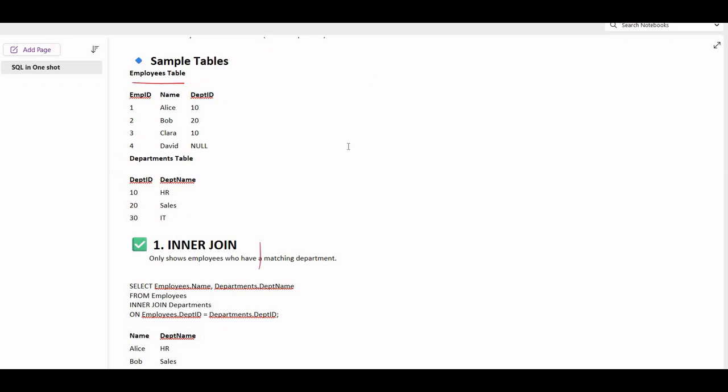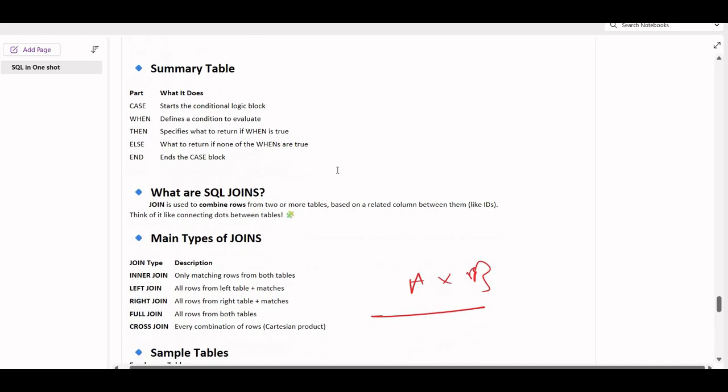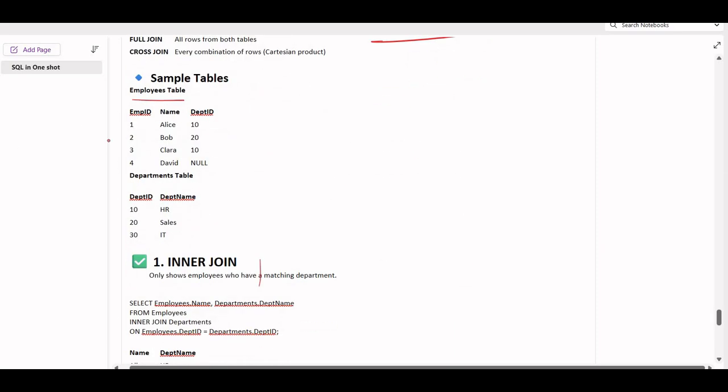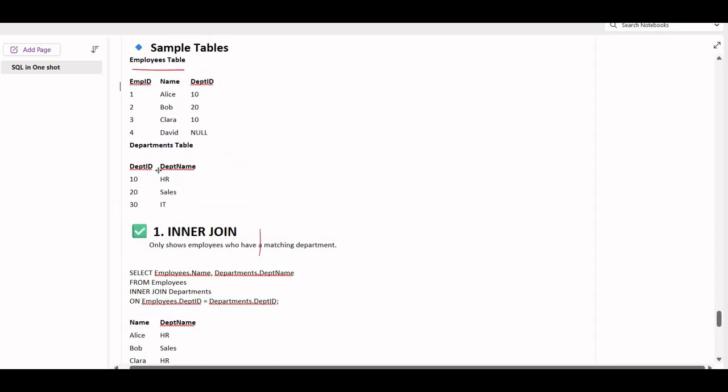So inner join, as I said, basically what it does is return only the matching rows from both tables. Whichever matching rows are there in both the tables, only those it returns. Only show employees who have a matching department, which means the department ID is present in both the tables.